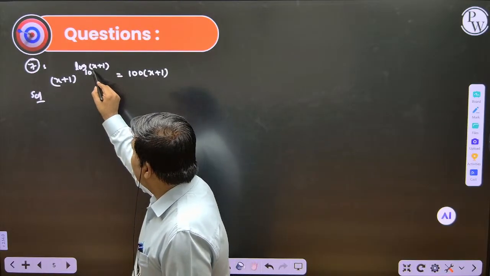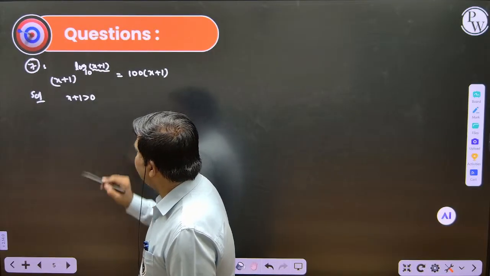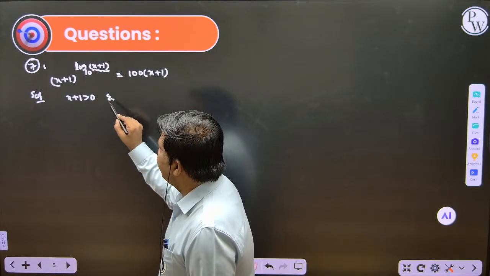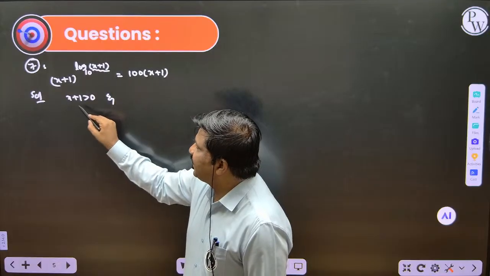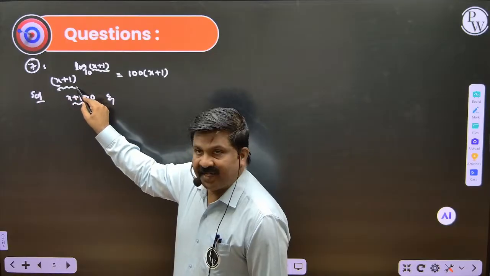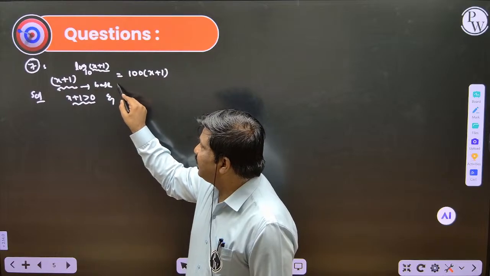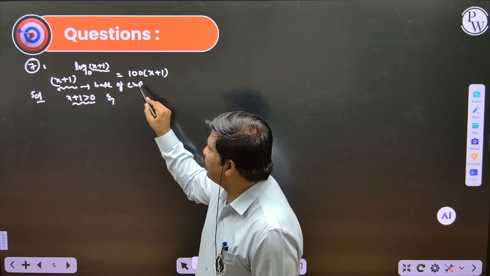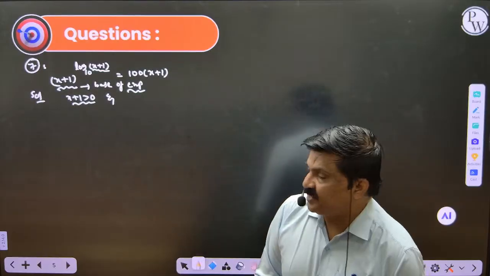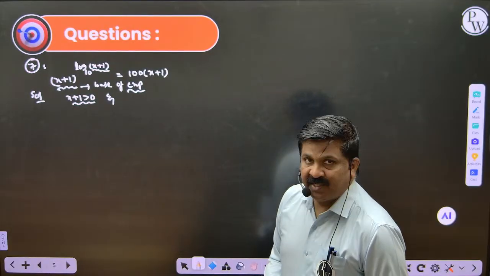A log of this is there, so this should be greater than 0, because log is defined only for this. The log of the number is there, so that number should be positive. But a power is also there, so this also becomes the base of an exponential function. x plus 1 is also the base of an exponential function.